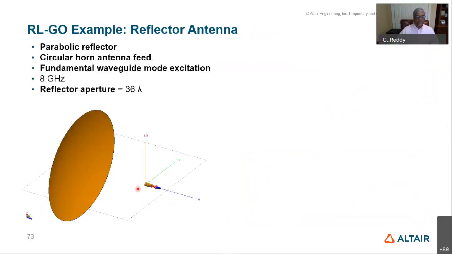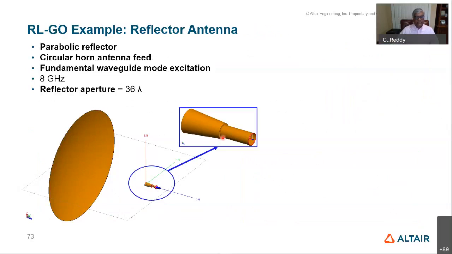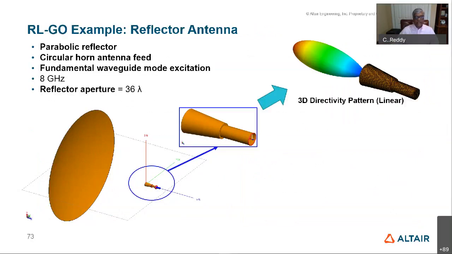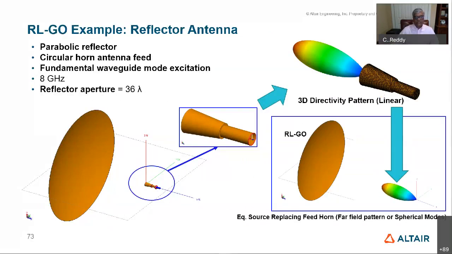So a good example for ray launching geometrical optics, again, coming back to the reflector antenna example here as a case study, you can take the feed horn, compute the radiation pattern, use the radiation pattern as a source for the reflector, and use RLGO as your solution methodology for the reflector.